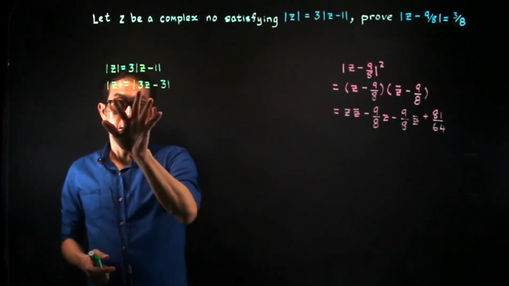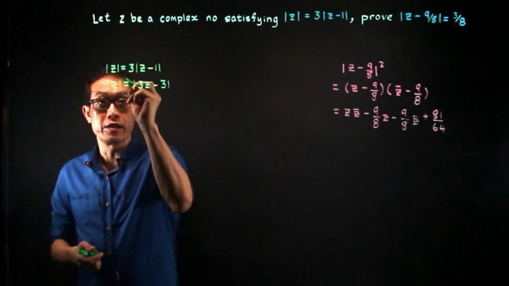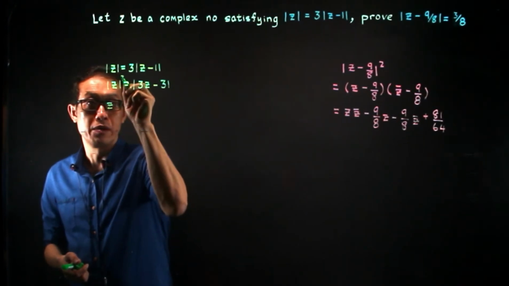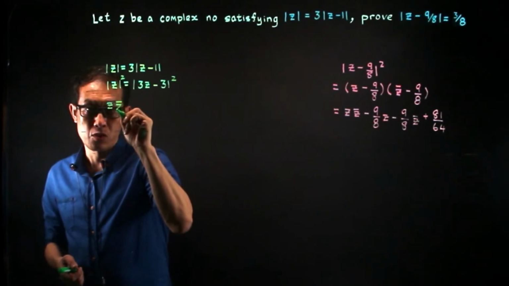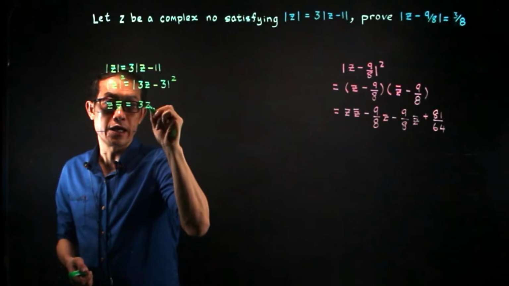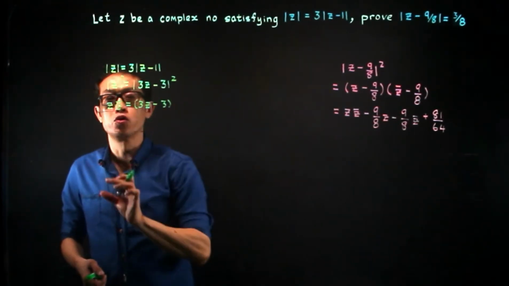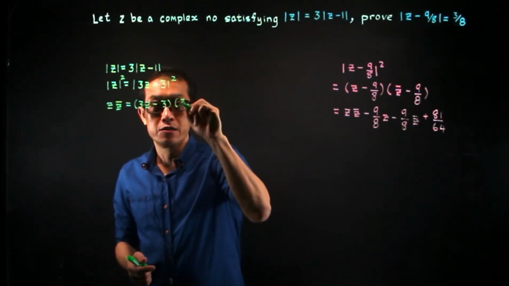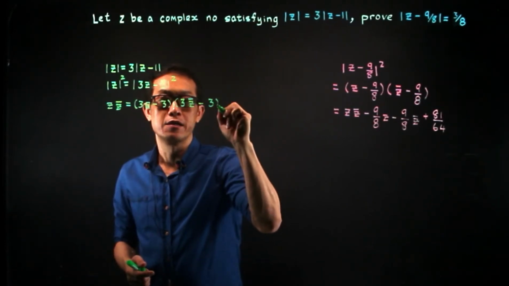Perhaps what I can do is I square both sides. Now if I square both sides, what will I get? I will have Z times Z conjugate will be equals to 3Z minus 3 times the conjugate of this. But the conjugate of this is just 3 conjugate Z minus 3.